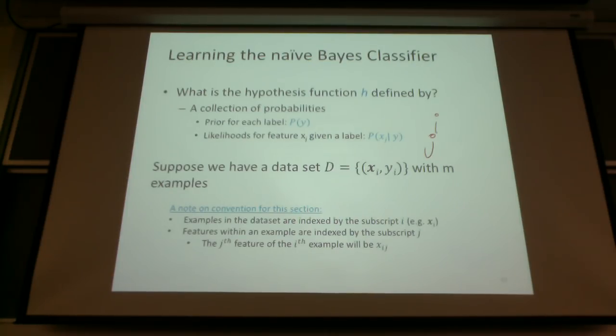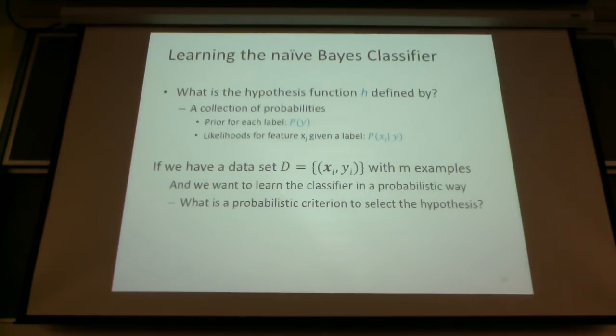But anyway, the ith example is xi and yi. The jth feature of the example xi is xij. Just to keep that in mind: i is an index over examples, j is an index over features, and for every example, xi is a vector. This is roughly the convention we've had so far, but I've never explicitly written it as indexed over the features. We will need to do that for this particular classifier.